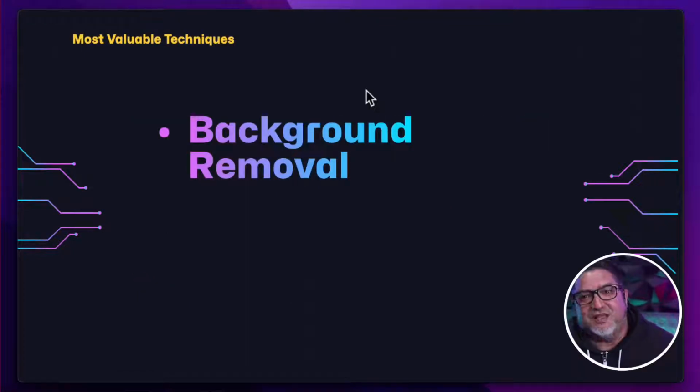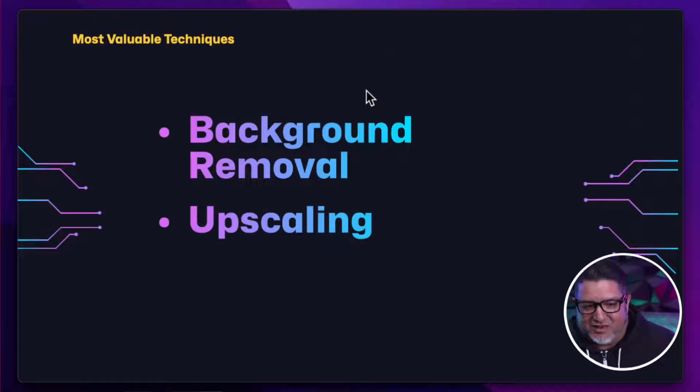All right. So I think for me, the most valuable techniques are background removal. And as I mentioned, I'll show you some of the things that I use. Photoshop does an okay job, and sometimes it's good enough, but it's not really the best at all. It's not even close. Upscaling by far, I use that a lot. And as a matter of fact, I think it's rewired my brain.